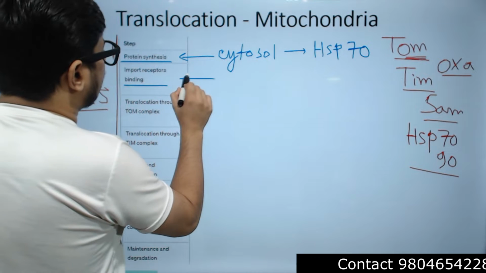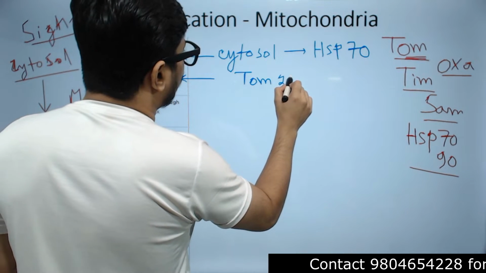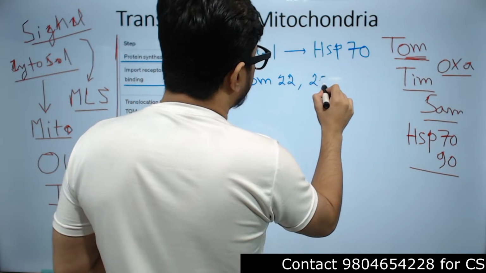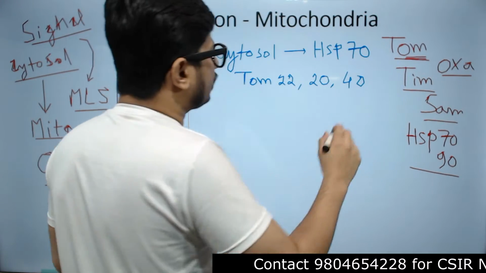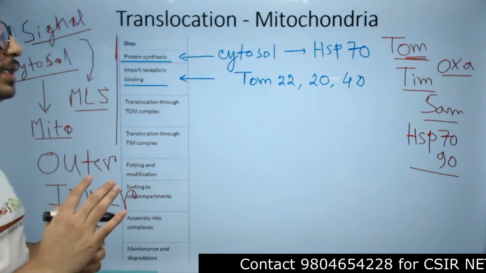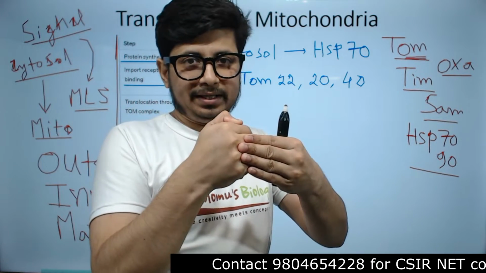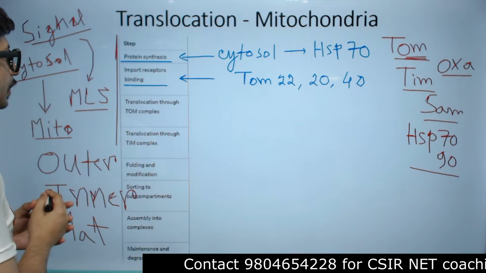The import receptors are TOM complex components like TOM22, TOM20 and TOM40. These can interact with the destined protein and bring it inside.